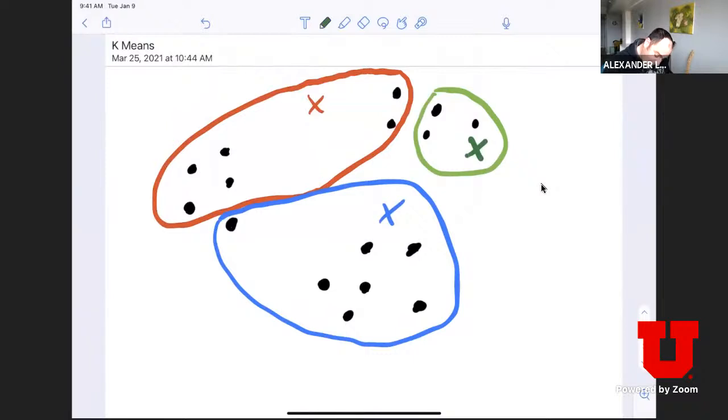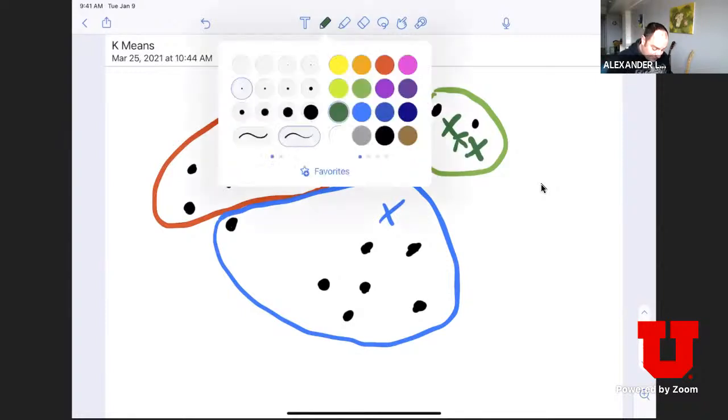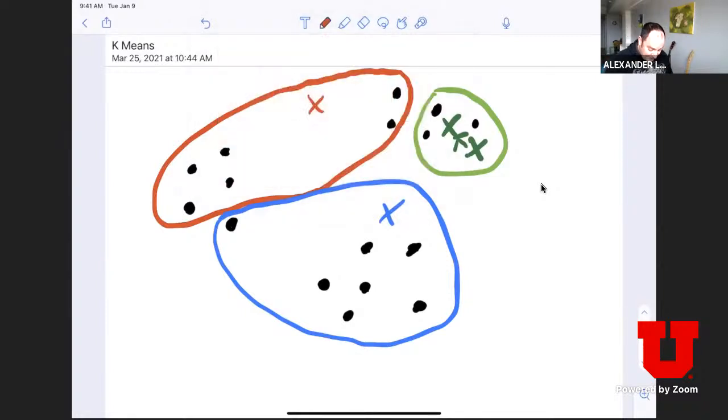And then for the red one, since there's 4 points over there, maybe the average moves a little bit into this direction here. And for the blue one, I have a lot of points down here, so maybe my x moves a little bit into this direction here.